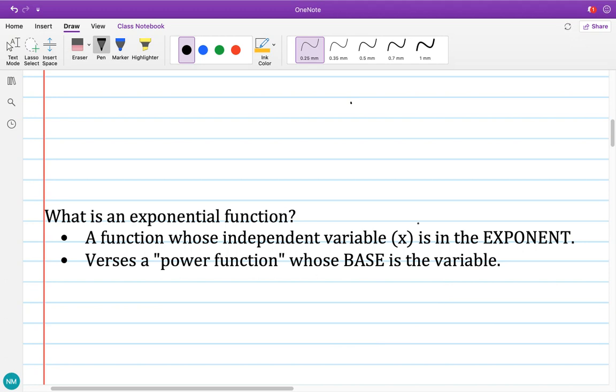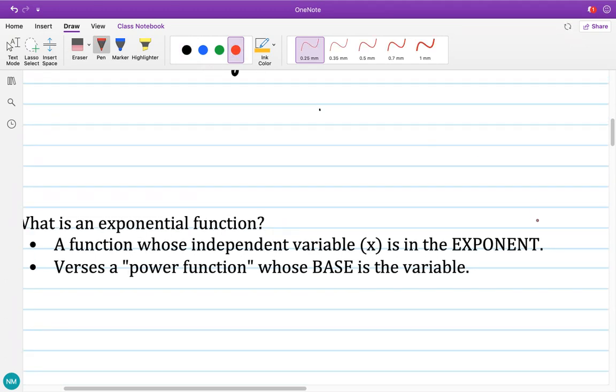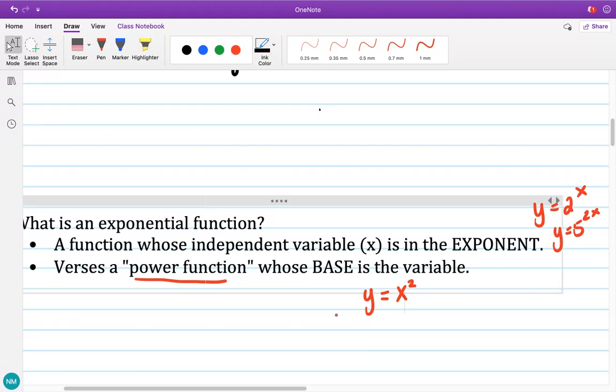Versus a power function, right? So I'll give you an example. We have y equals 2 to the x, or y equals 5 to the 2x, which I just did, versus a power function whose base is the variable. We've done power functions. Y equals x squared, that's quadratic. The base is the variable.